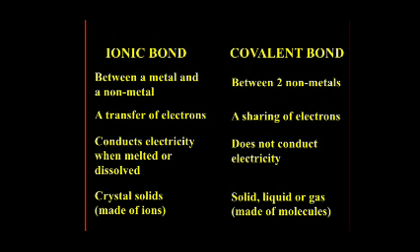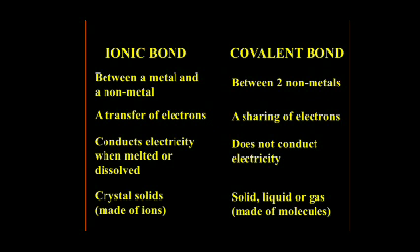An ionic bond is formed by transfer of electrons between atoms. A covalent bond is formed by sharing of electrons between atoms.